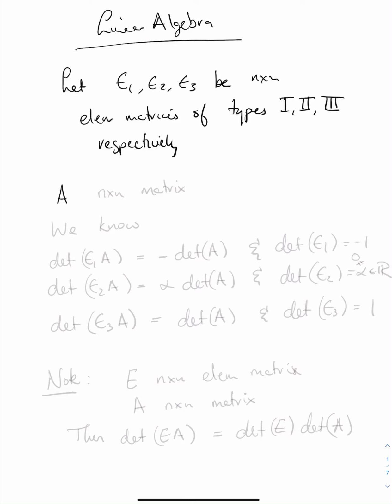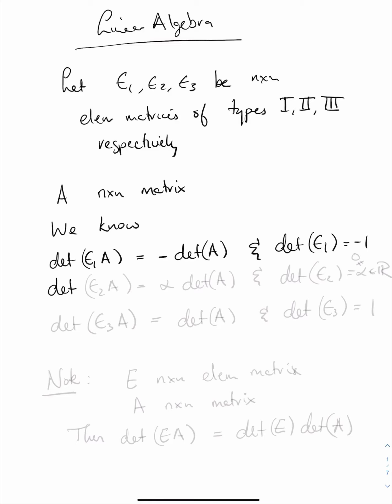If A is an n by n matrix, some other matrix, we know from our various claims that the determinant of E1A is negative the determinant of A. Multiplying by a type 1 matrix negates the determinant. And the determinant of E1 itself is negative 1.